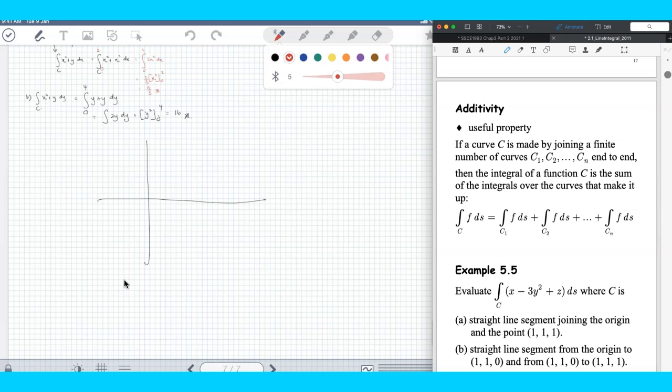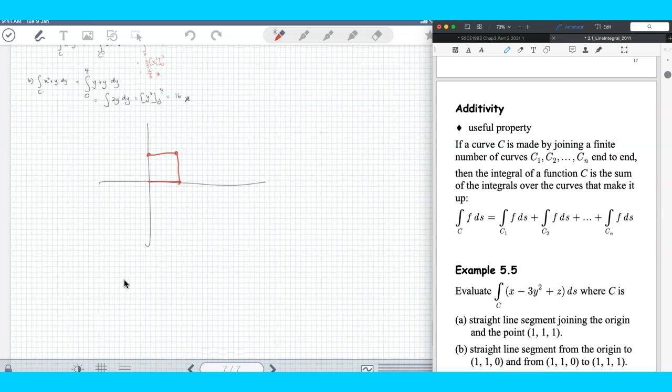Let's say you have this one, and after that that one, and after that another one. The first path is given by C1, the second path by C2, and the third path by C3.